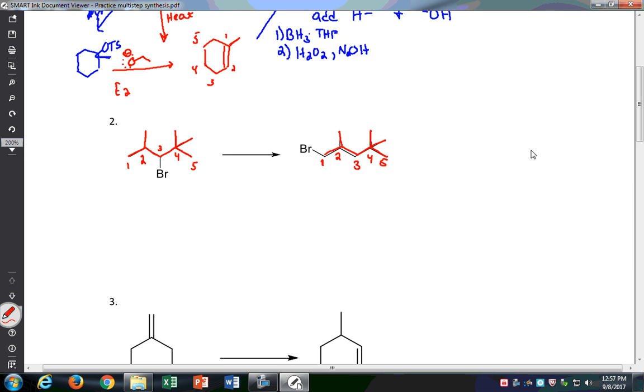Remember, our hydrogen that we are deprotonating to form a double bond has to come from a beta carbon. Carbon 4 doesn't have a hydrogen, but carbon 2 does, so we can form a double bond between carbon 2 and carbon 3.